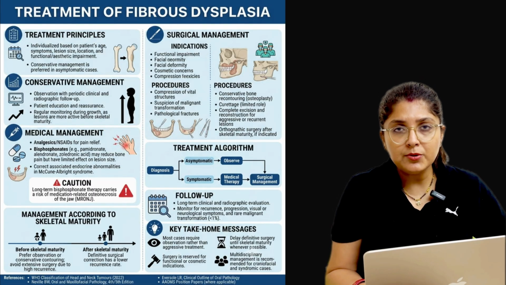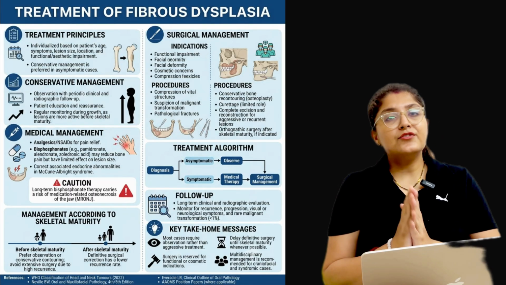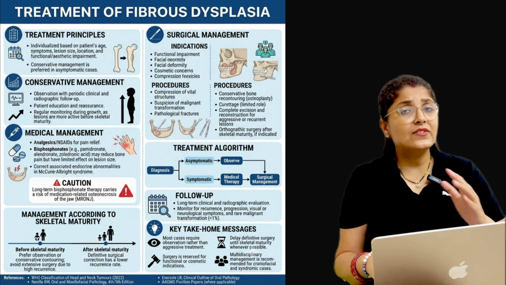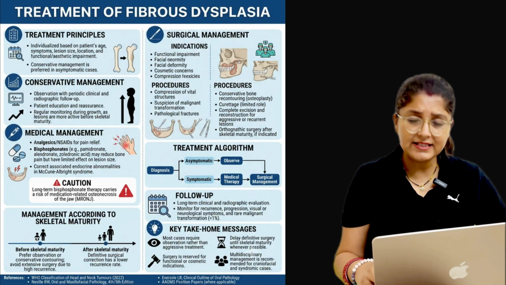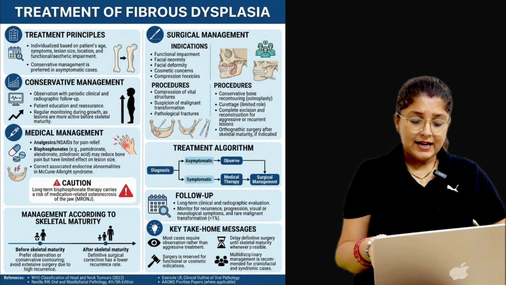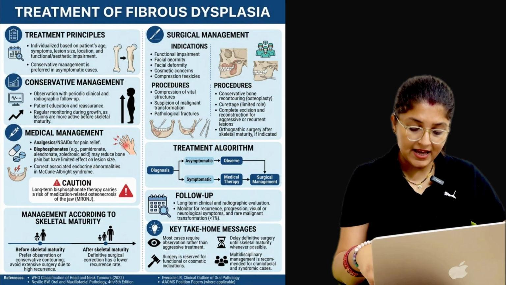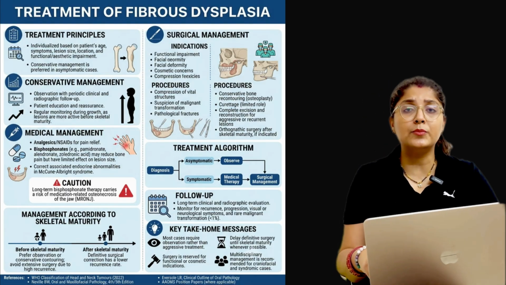So, these are some of the complications seen in fibrous dysplasia. Now, coming to the treatment portion, the treatment of choice is surgery. Okay. If the lesion is very small in size, then excision in toto is to be done. And if the lesion is large enough, then correction of aesthetic and functional disturbances has to be the priority.